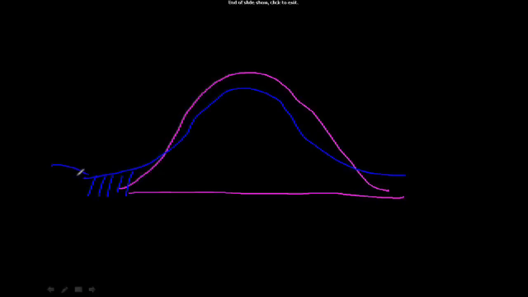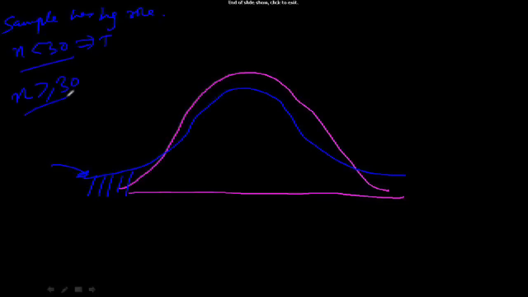Now, the sample size has a big role to play. Why? We have said that if n is less than 30, it is a T distribution. If n is greater than 30, then we can take a normal distribution.